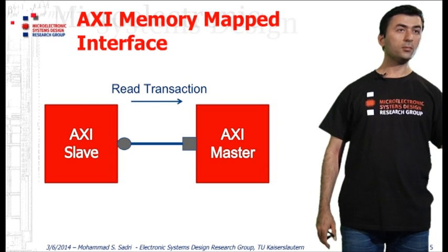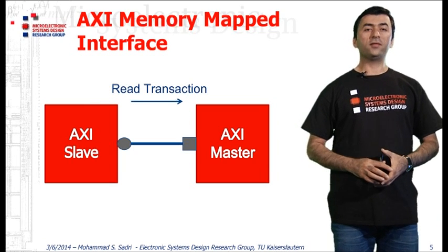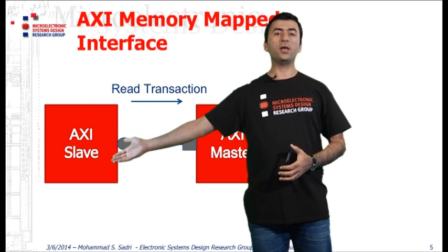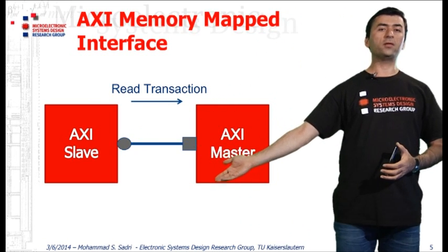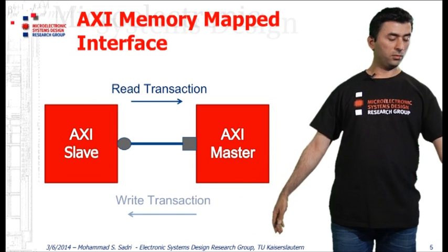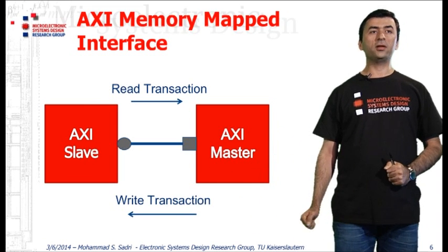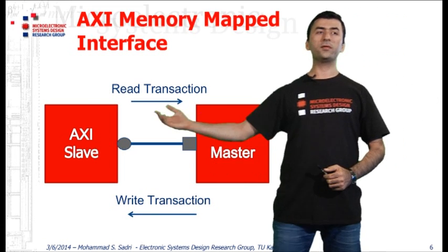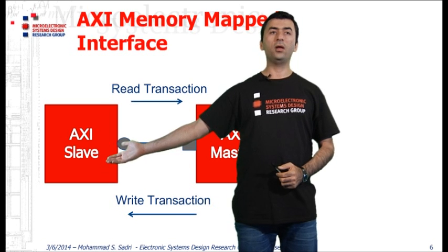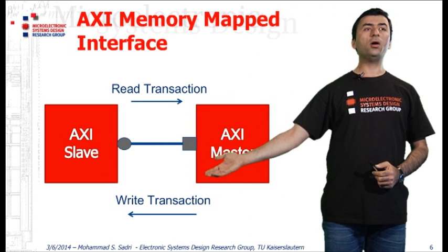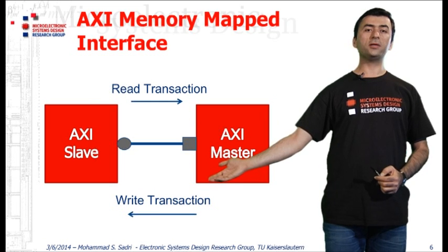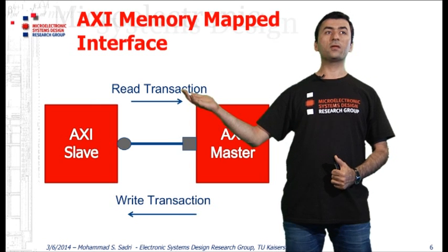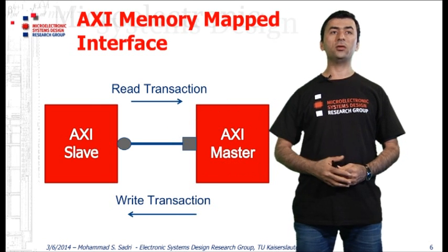However, for the read transactions, we have the data flowing from the AXI slave toward the AXI master. For the write transaction, we have the data flowing from the AXI master towards the AXI slave. In both of the cases, the one who is initiating and beginning the transaction is the AXI master. But for reads and writes, we have different data directions.